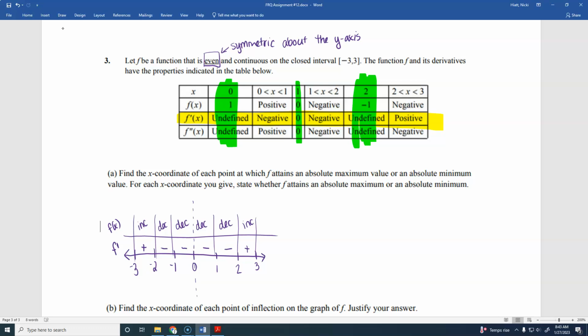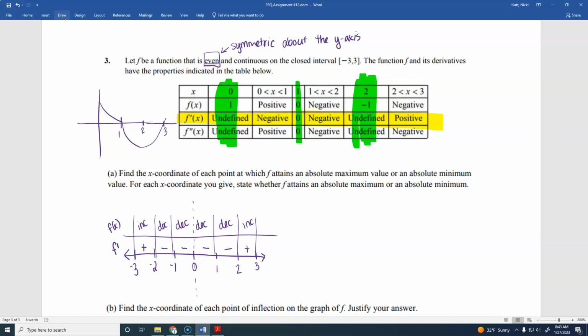Okay, so here's what happens. If we've got a function that decreases, decreases, and then increases, something like that, here would be 1, here would be 2, over here would be 3. Decreases, decreases, increases.